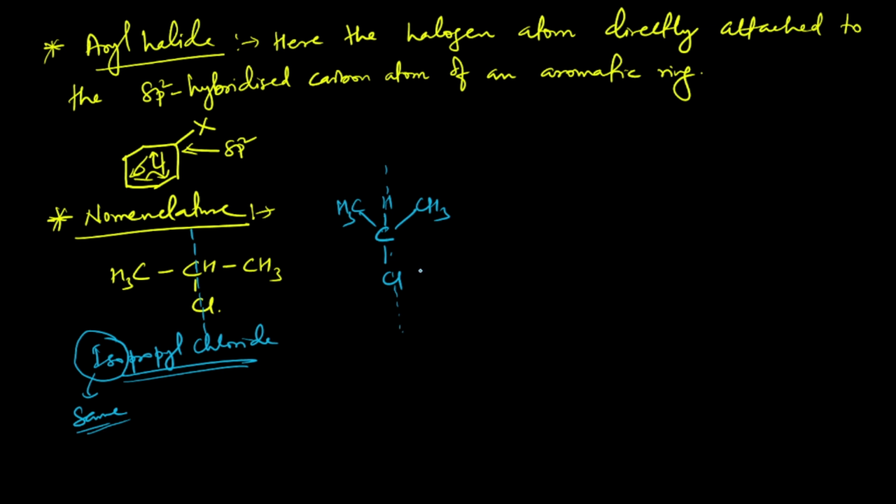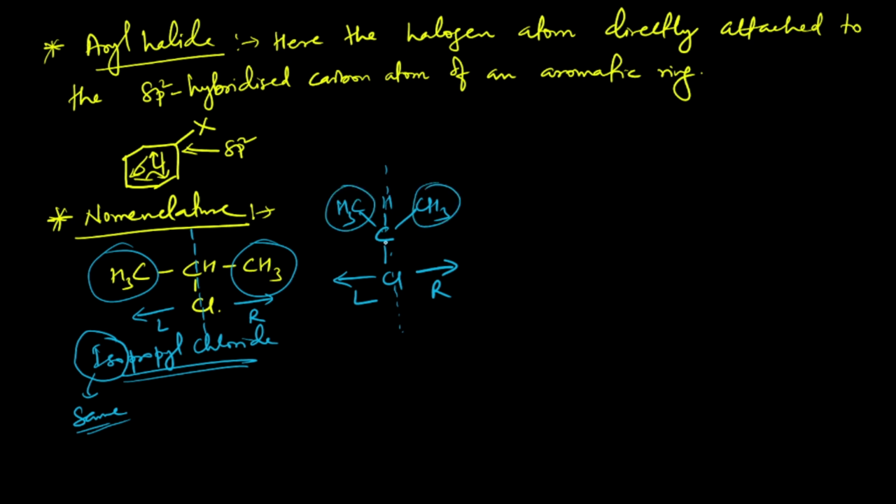Now you just see right hand side and left hand side of this plane, both are same or not? This one and this one is same. Hydrogen and chlorine along with this plane is going. So these two are same, and this is a propyl chloride. So same propyl chloride.